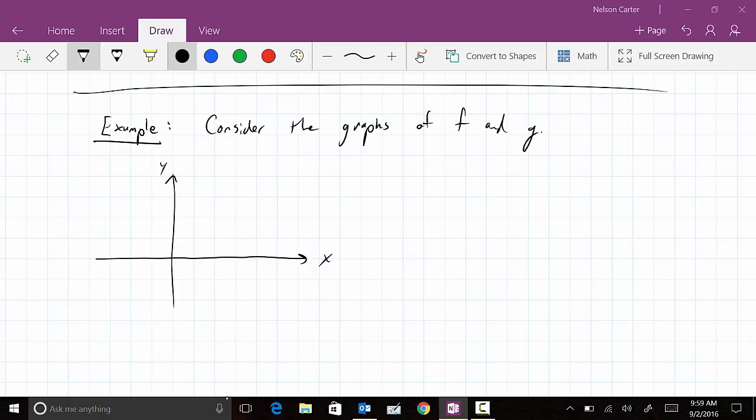So here, suppose we have graphs of f and g. And suppose the graph of f looks like this. So this is the graph of f. And suppose the graph of g looks like this.